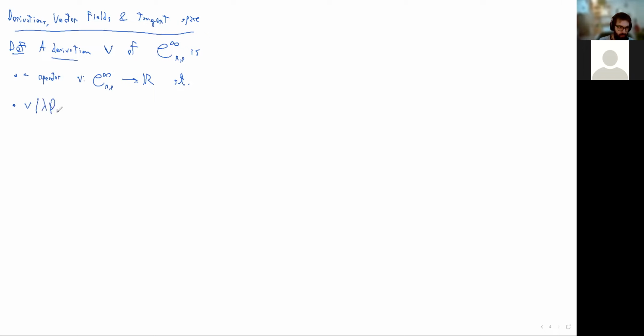So we want linearity, so it's a linear operator. And here's for every lambda in R and f_p in C infinity M_p. And again, just remember that you can always replace R and this smooth structure sheaf with the holomorphic structure sheaf and C.